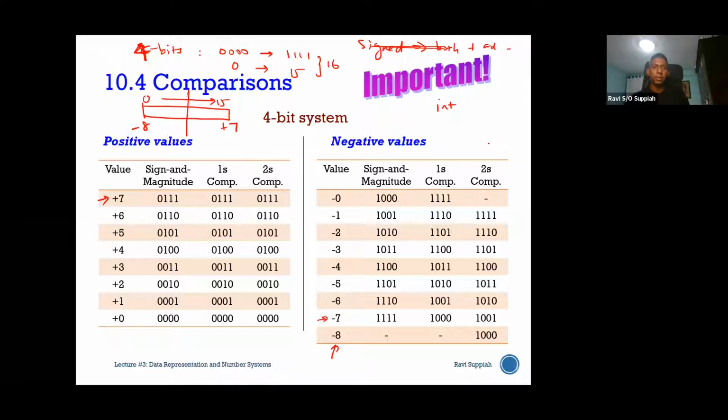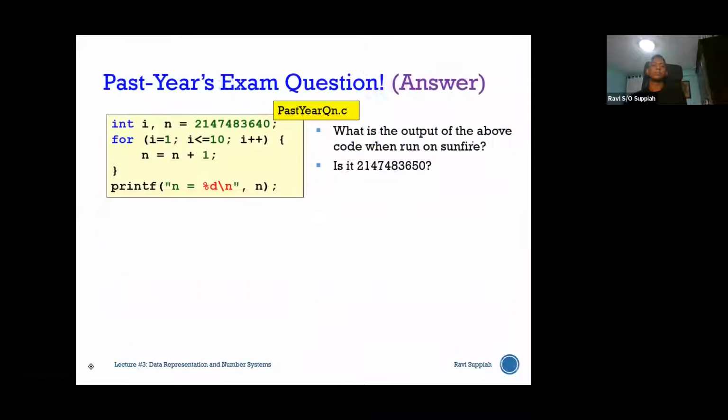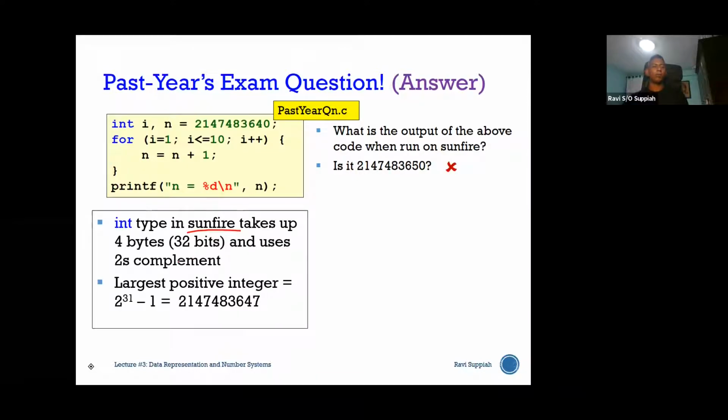That means automatically the range is cut into two to represent negative numbers and positive numbers. So these 4 bytes of 32 bits mean that, since this is declared as integer and is signed by default, I'm actually taking the value range of -2 to the power of 31 to 2 to the power of 31 minus 1. So the largest possible integer is this.